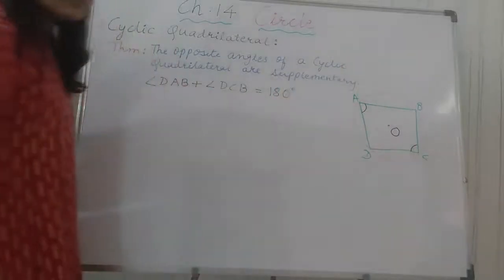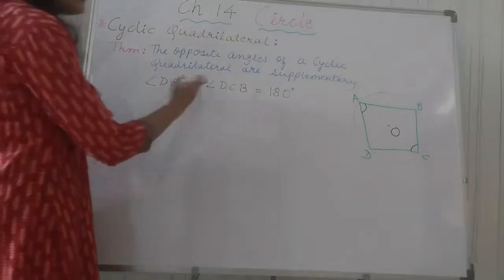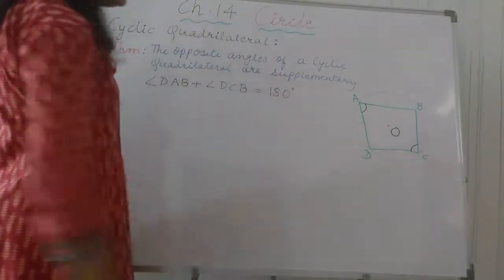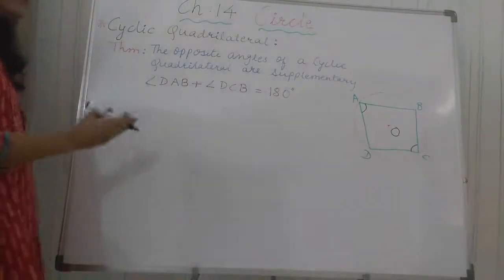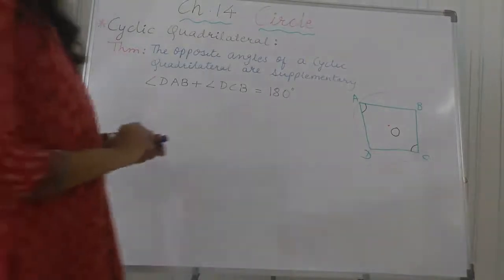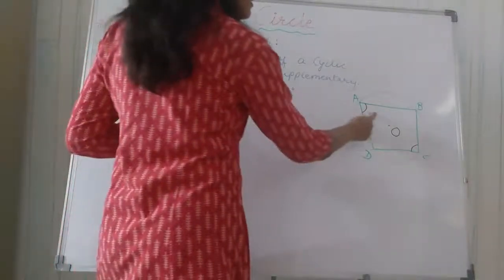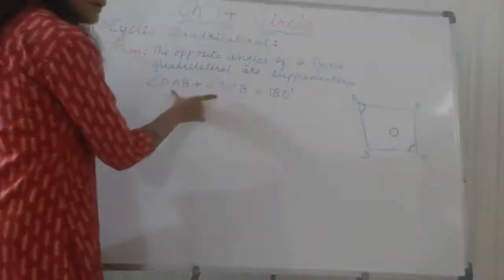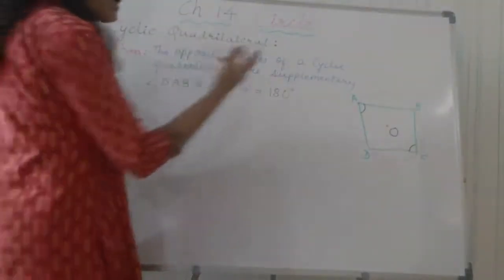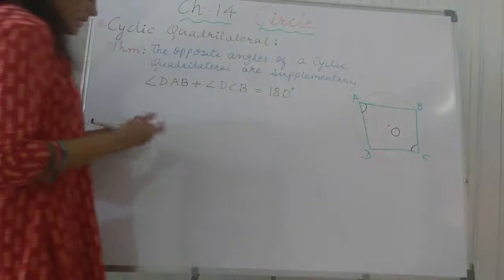Supplementary angles means we all know that the sum of the angles must be 180 degrees, then it is said to be supplementary angles. So here in the figure you can see angle A and C are the supplementary angles. Again angle B and D are also supplementary angles.